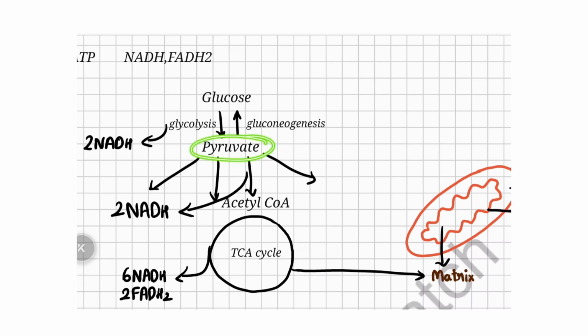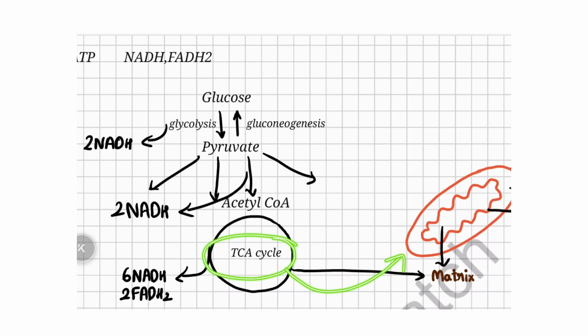Further, pyruvate can take one of the four metabolic pathways. One certain pathway can lead to the formation of acetyl-CoA. Now we know that acetyl-CoA is a major component of the TCA cycle. And here I want you to remember that the TCA cycle occurs in the mitochondria.